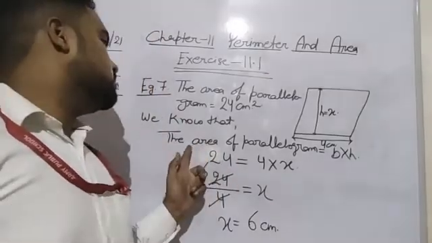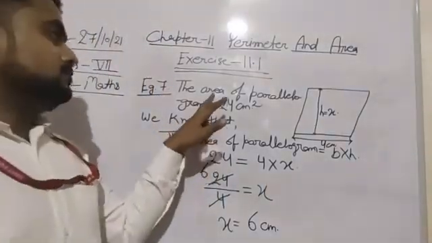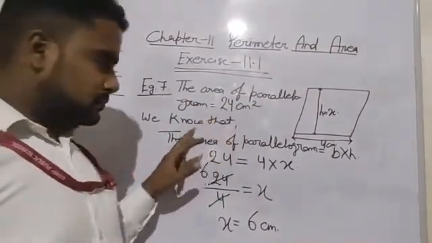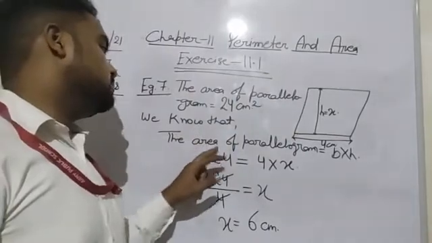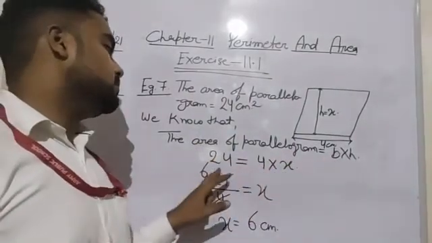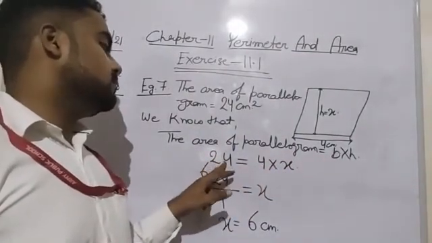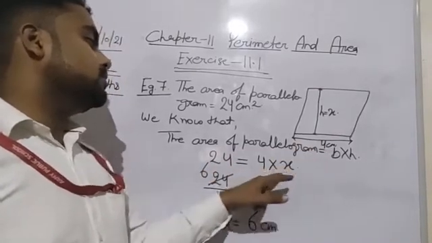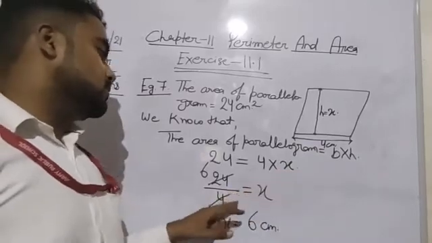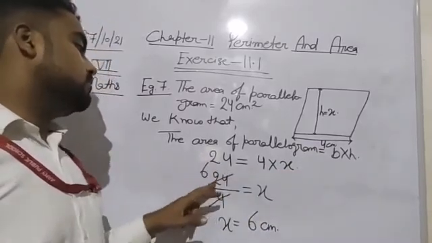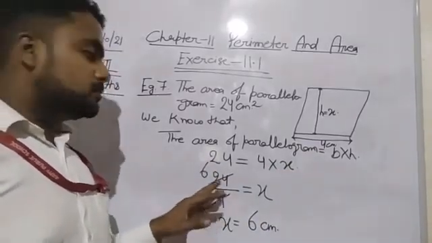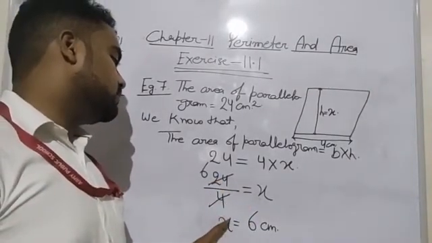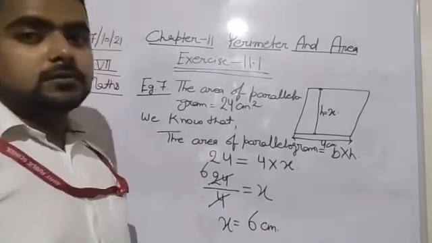So for that, the area of parallelogram is 24 centimeter square given, but we know that the area of parallelogram is base into height, and we put the value of area, that is 24, and base is 4 centimeter and height is x. So when 4 goes to this side, 24 will be divided by 4, so x equals 24 upon 4, that is x equals 6 centimeter.